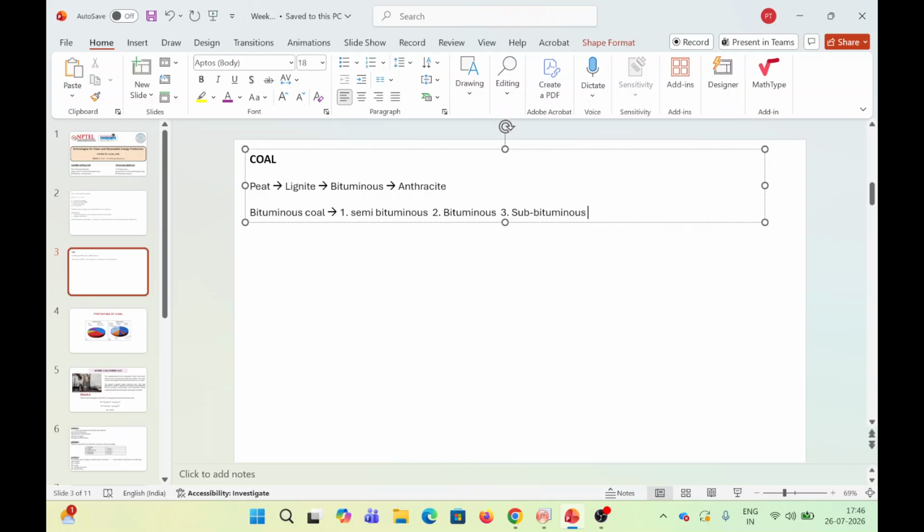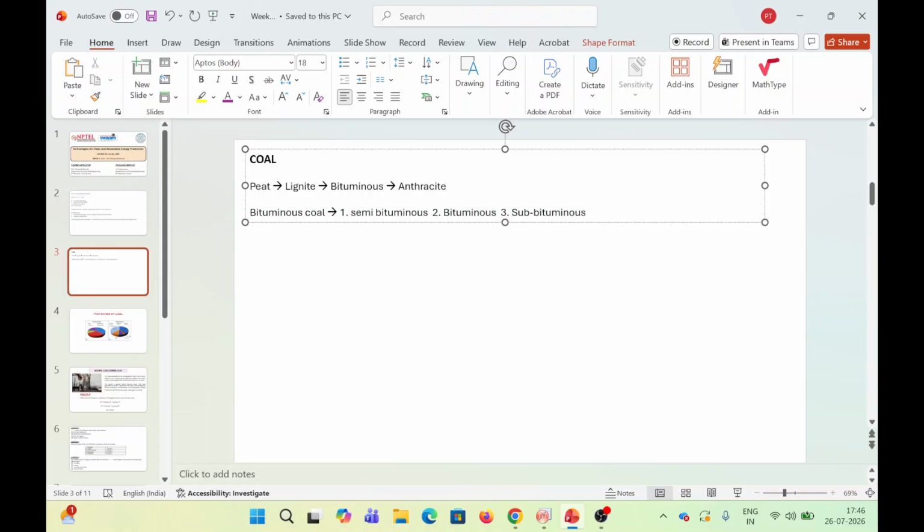So this process is called the coalification process, wherein this plant material gets transformed into coal. This happens in stages where you form peat, lignite, bituminous and anthracite.